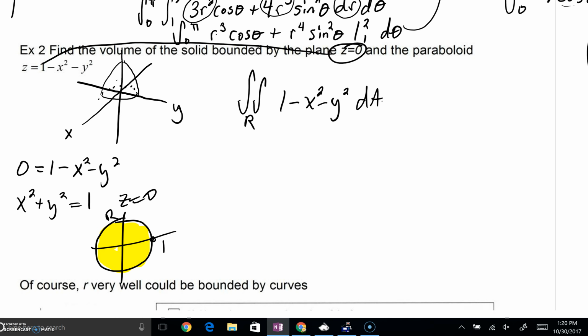And first, maybe a quick observation. I could factor out a negative from both of the x squared and the y squared. And guess what x squared plus y squared is in that link?